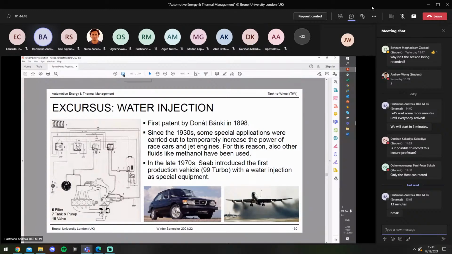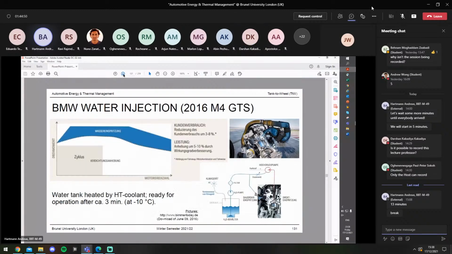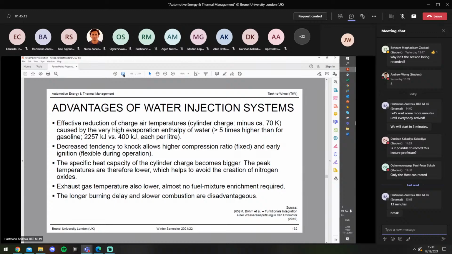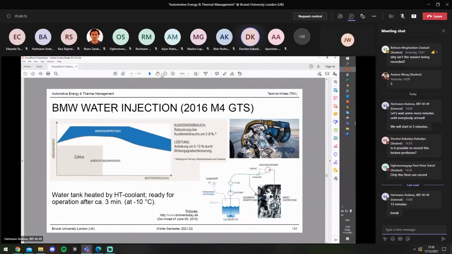Yeah, let's now talk about the water injection. Does anybody of you ever heard about the water injection and the purpose of the water injection? What does the water injection help for? Engine temperature.